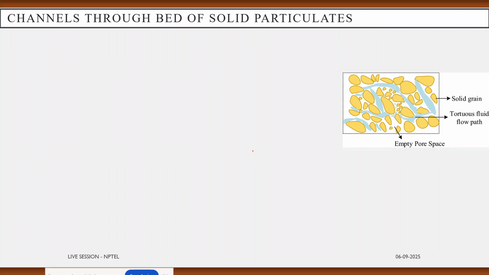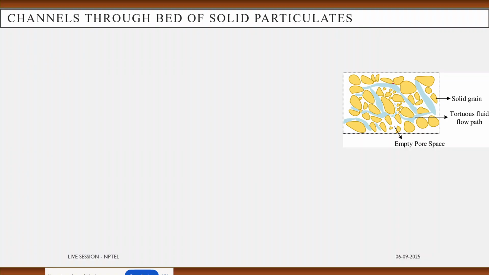So we are moving forward with the idea to discuss the channels through a packed bed of solid particles. You can see in this picture that these yellow grains symbolize the solid particles, and we are flowing the blue color fluid. You can consider it a liquid.